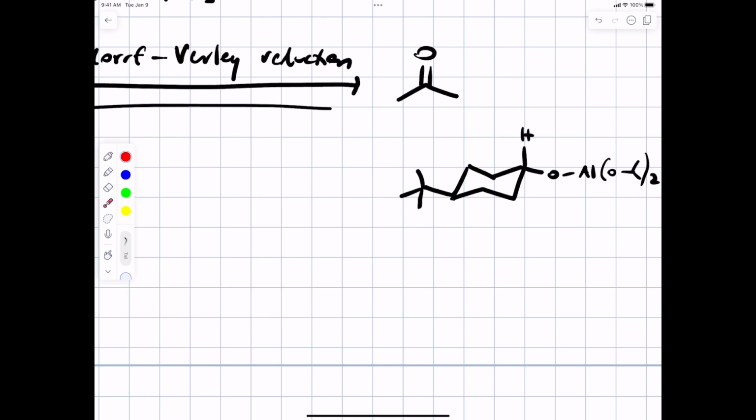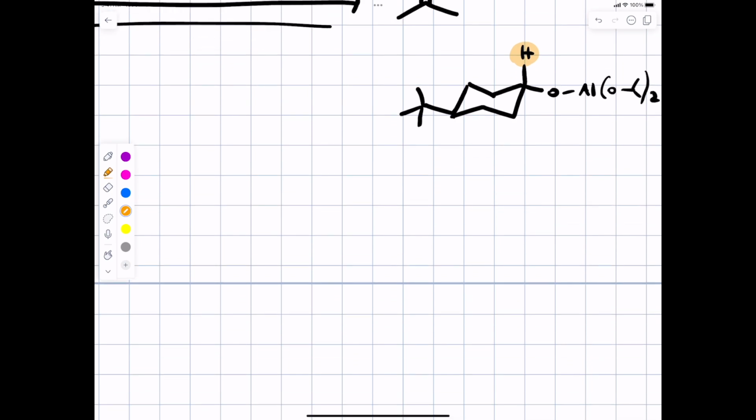One has the hydride delivered from the top, and then the other has the hydride delivered from the bottom, so that the oxygen group is axial. And this is an equilibrium process.